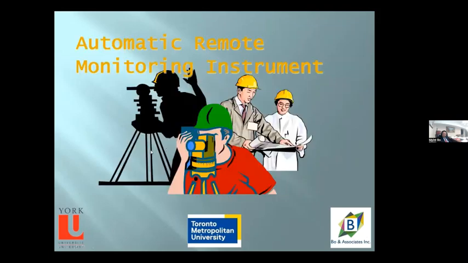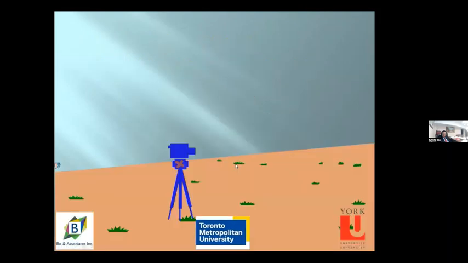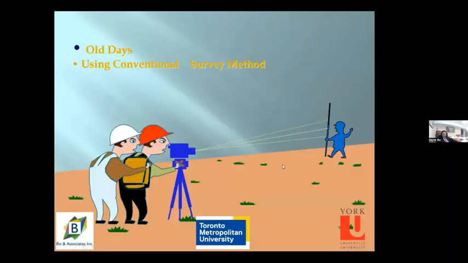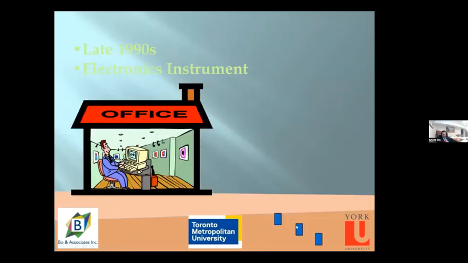In the old days, monitoring of instruments was carried out manually using the total station and staff readings, etc., using survey methods. Nowadays, with the development of electronic geotechnical instruments, geotechnical engineers' lives have become much easier, and they can connect those to the office and monitor from outside the office.